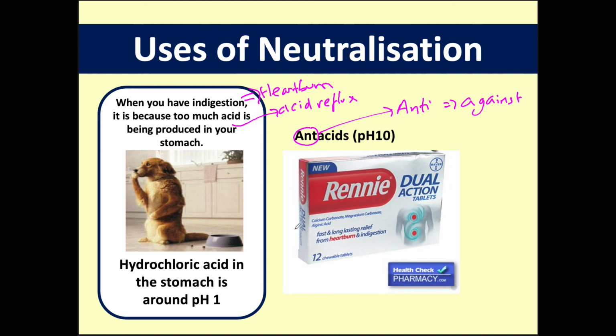So it opposes the acid, so the clues in the name there. This is an example of an indigestion tablet, and you can see here they've called it heartburn as well as indigestion, because heartburn is the pain that you feel as a result of indigestion.